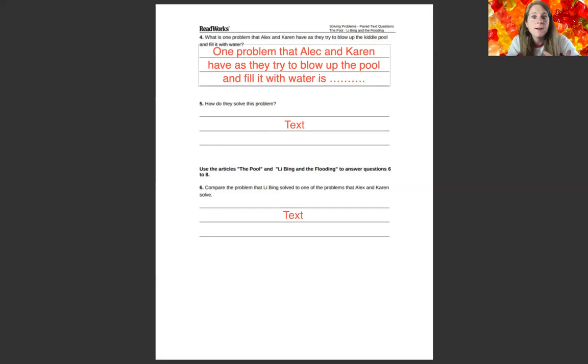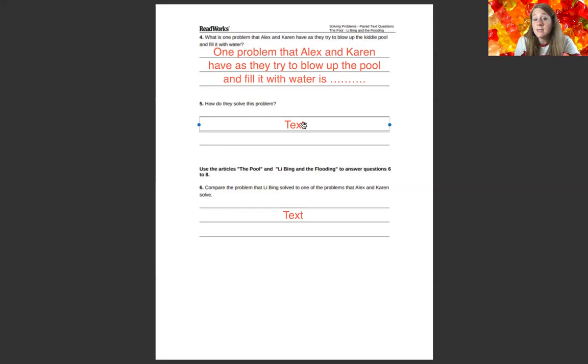Is there's a hole in the pool, or they need to fill the pool with water, or they need a pump to blow it up. You come up with the problem. I started it. Whoop, I didn't spell Alex right, sorry.